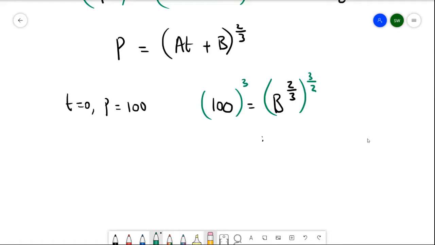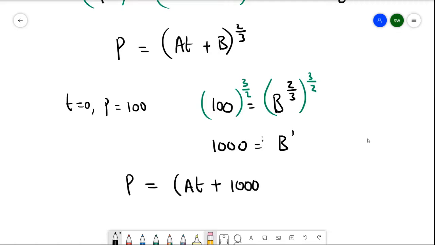We need to do the same on the other side as well. So we get b equals 100 to the power of 3/2, which is 1000. So that tells me that P is equal to (at plus 1000) to the power of 2/3.